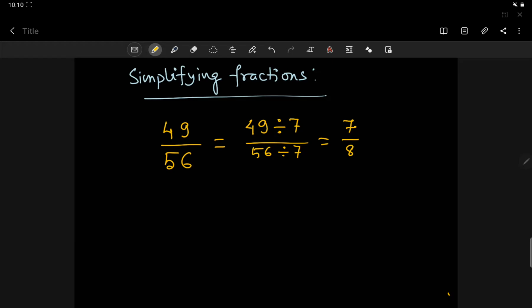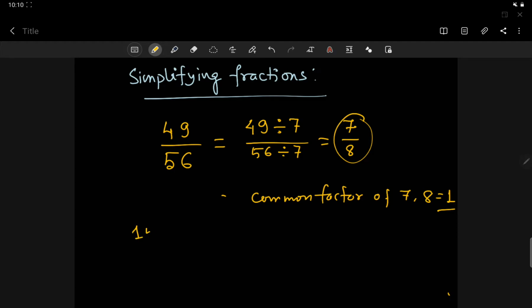Now this is the simplest form of 49 by 56, because the common factor of 7 and 8 is 1. Now you will stop. You can't simplify 7 by 8 further because the common factor of 7 and 8 is 1.